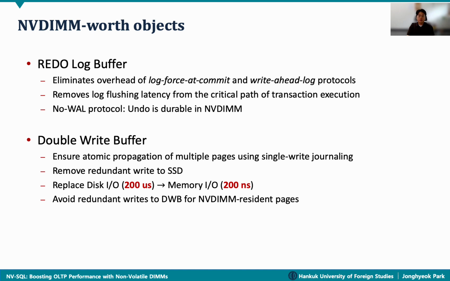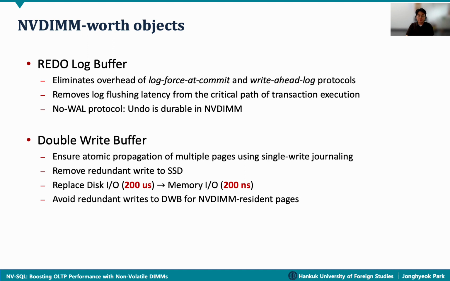In particular, we can cut out the need for synchronous log flushing without compromising atomicity and durability. Furthermore, since undo logs are durable in NVDIMM, we can implement a no-WAL protocol. This obviates the need to flush logs before evicting pages dirtied by an uncommitted transaction.